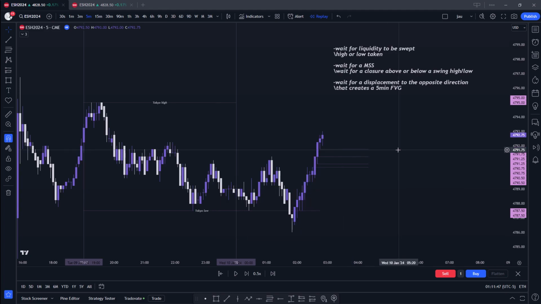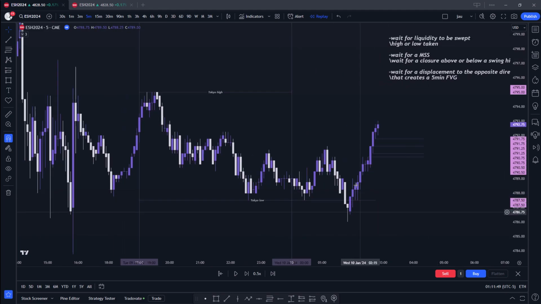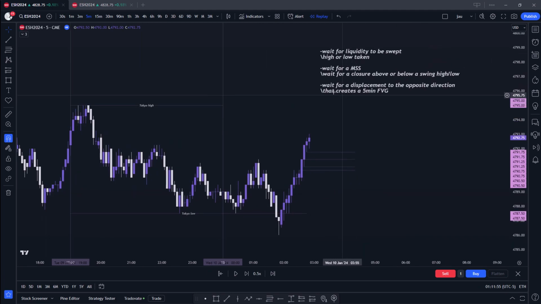A market structure shift is basically when we've shifted from sells to buys. In this case, we've shifted from sells to buys only when we get a closure above or below a swing high or low. In this case, we can easily see there's a swing high here, but the more obvious one is this one up here, right?